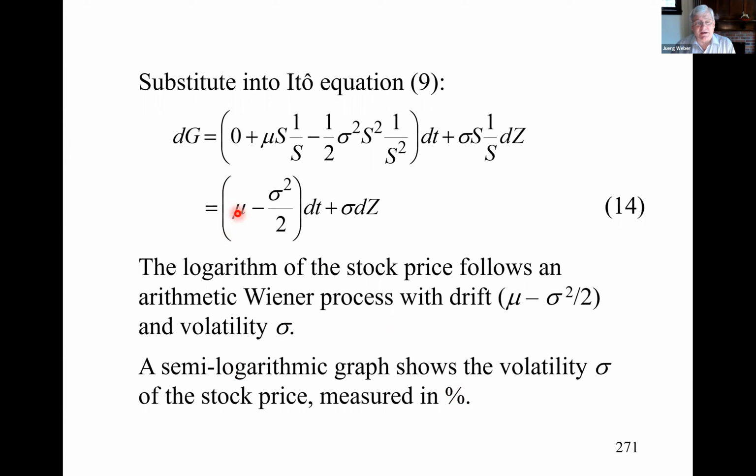You see here, that's the drift in percent. We have to subtract here something, but that's usually a very small term. And here's the sigma, that's also the volatility measured in percent. So we have now a percentage change. And that's why the semi-logarithmic graph actually works.